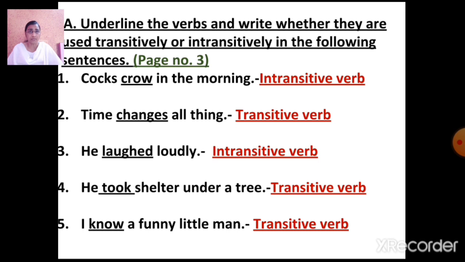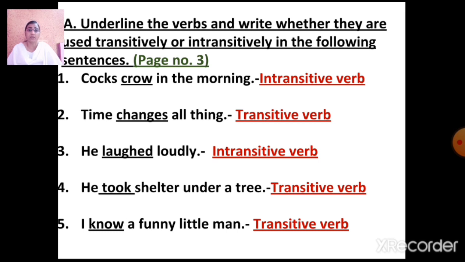Now here, crow is the verb. So underline that. Then ask the question, crow what? Are we getting the answer? No, there is no answer. Hence, it is an intransitive verb. So students, just beside the sentence, you will write intransitive verb.